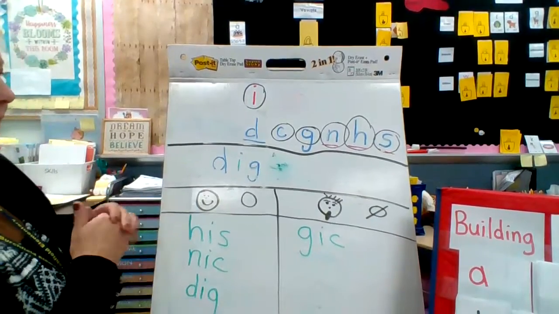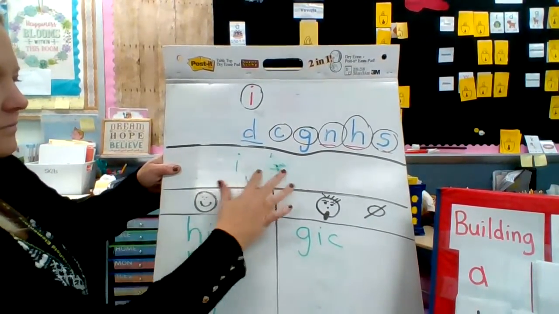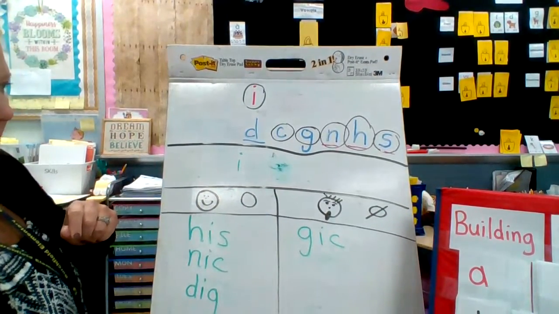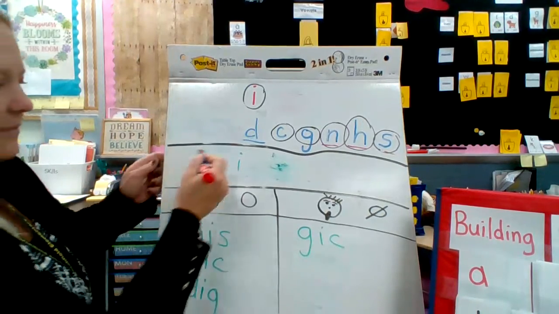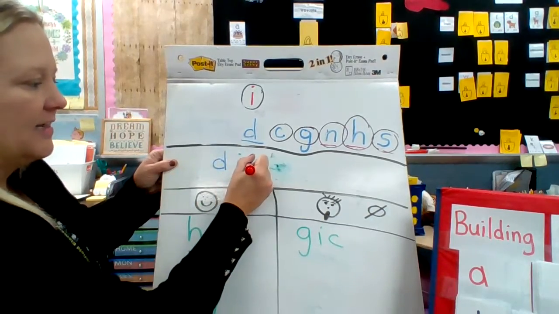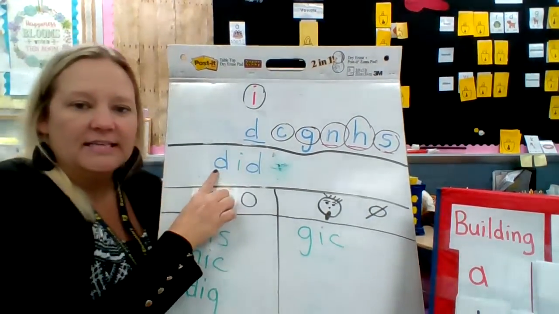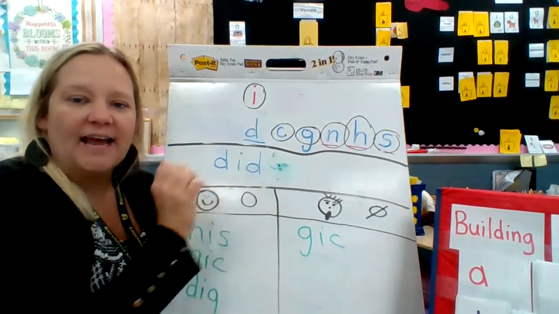Okay. Let's change it. Now we're going to have D again and D again at the end. So we have D first, I in the middle, D at the end, okay?